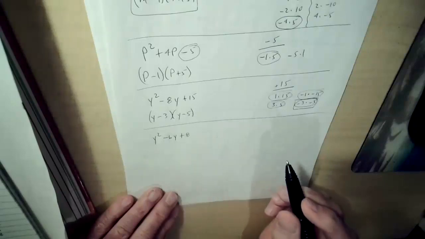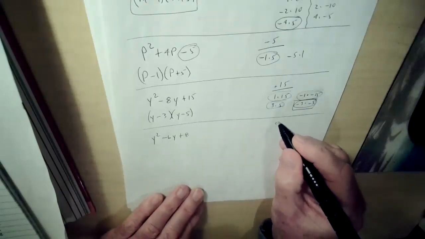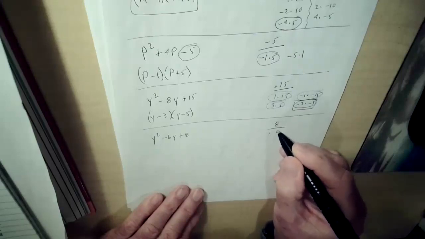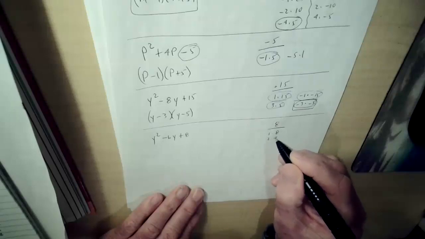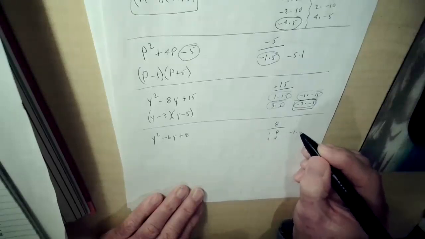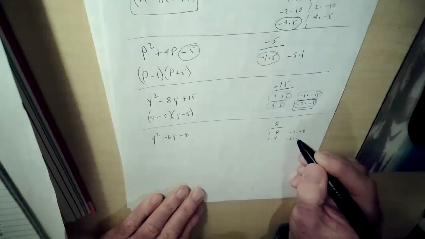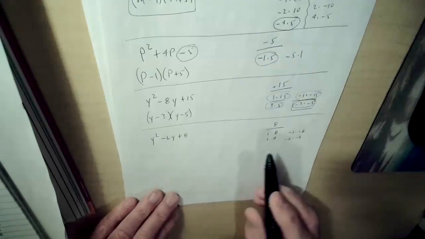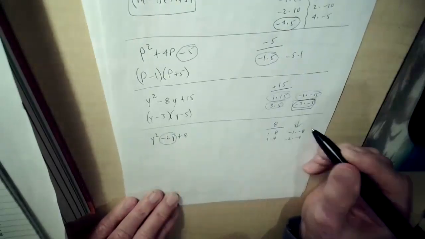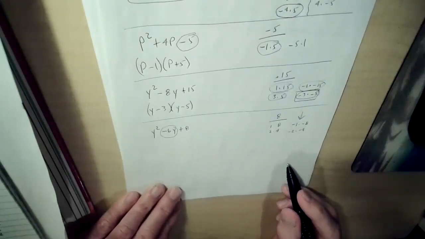y squared minus 6y plus 8. Okay, our linear term's negative, so we're going to have to do negative numbers also. What are the factors of 8? 1 times 8, 2 times 4, that's all. And negative 1 times negative 8, and negative 2 times negative 4.